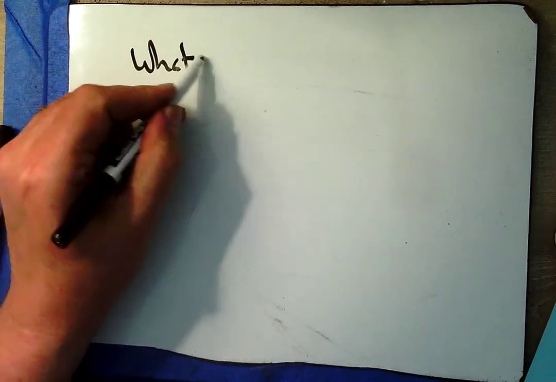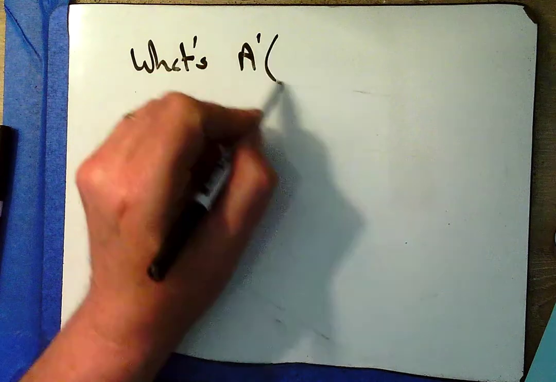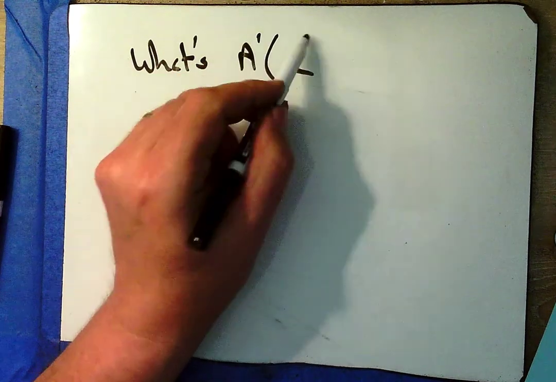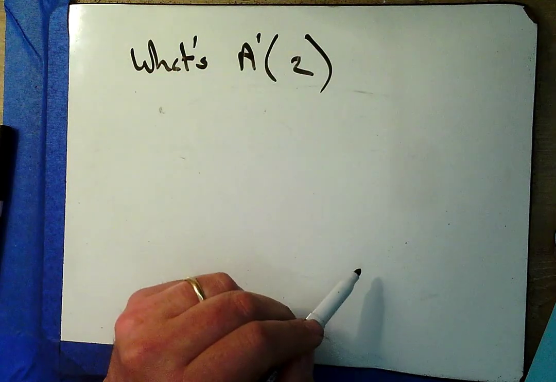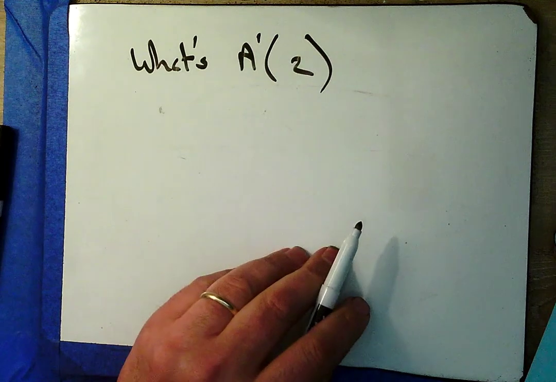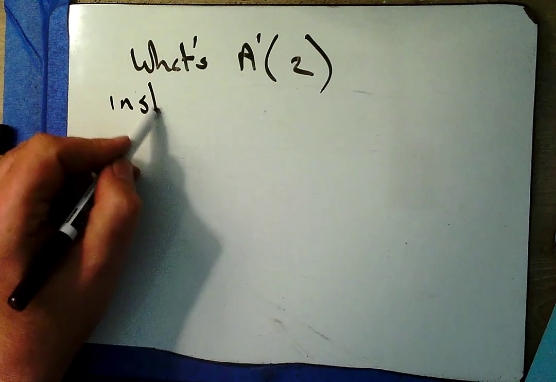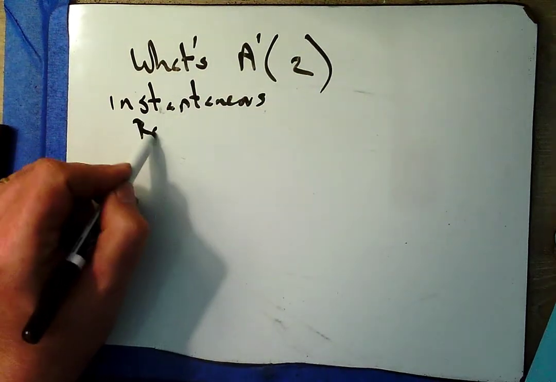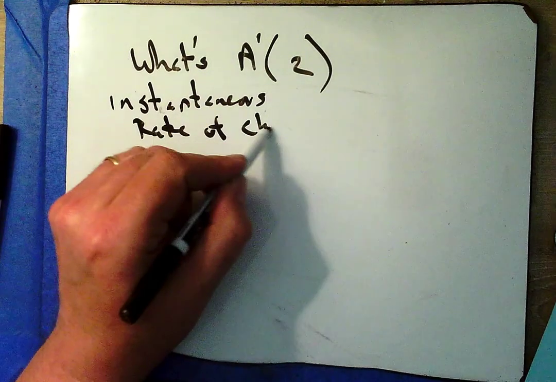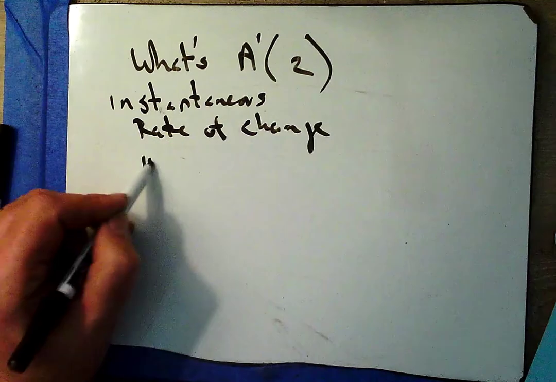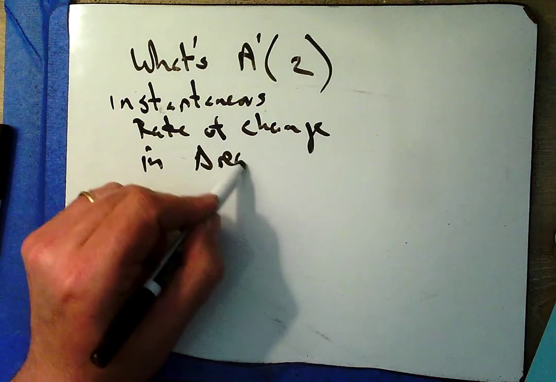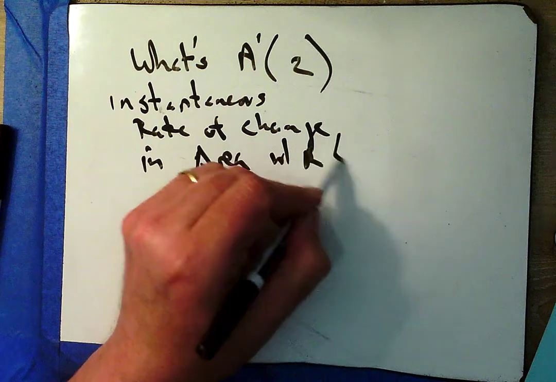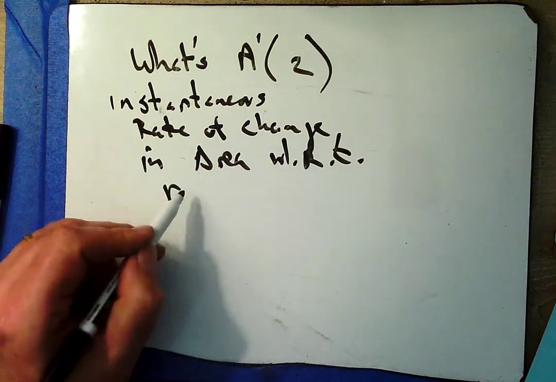Okay, the last thing I want to do is, what's a prime of 2? I want to know a prime of 2. That's the instantaneous rate of change in area with respect to radius.